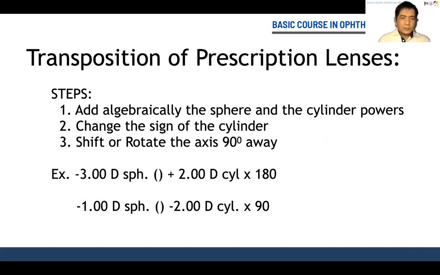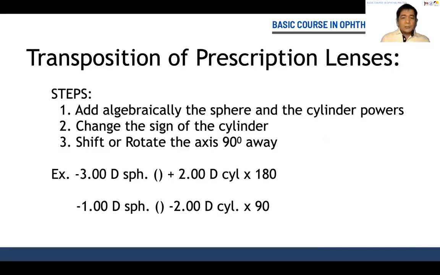The third step is to shift or rotate the axis 90 degrees away. If your given axis is 180 with plus cylinder form, that will now become 90 with minus cylinder form. So after transposition, your cylinder will become minus 2 diopter.